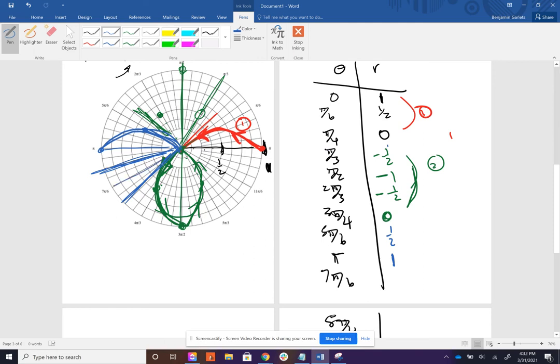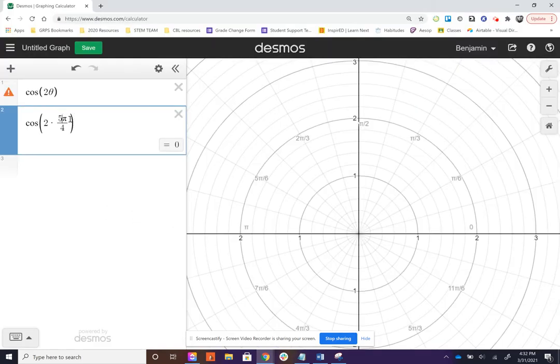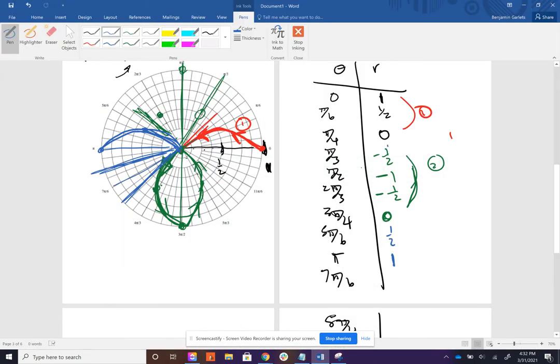We missed 7 pi over 6, didn't we? Sorry about that. 7 pi over 6. Okay, 1/2. That's what we wanted. So we're coming back right here. And then we're coming back to 0 at 5 pi over 4.